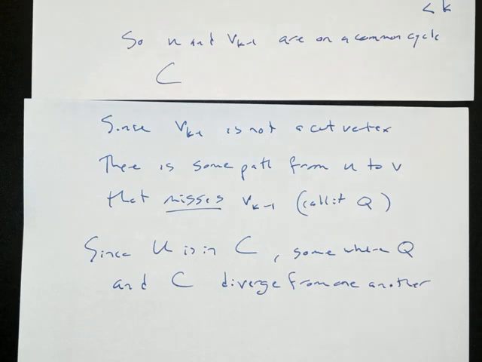I say to myself, where do they come apart? Where do they separate? Let's name that vertex X. So I start walking along my cycle. I hit vertex X.